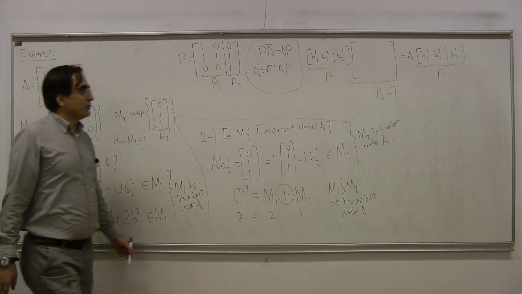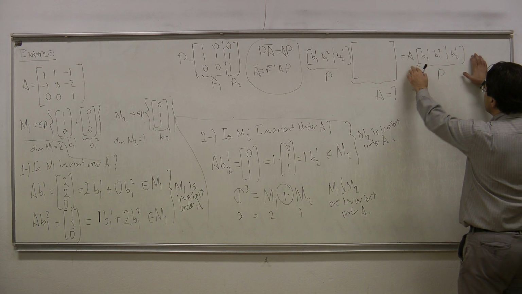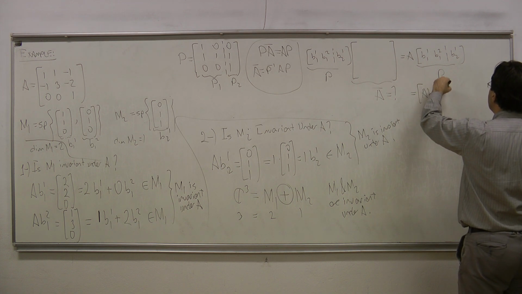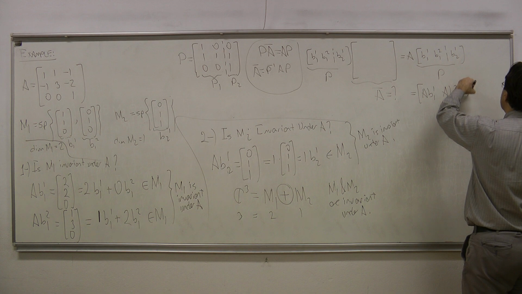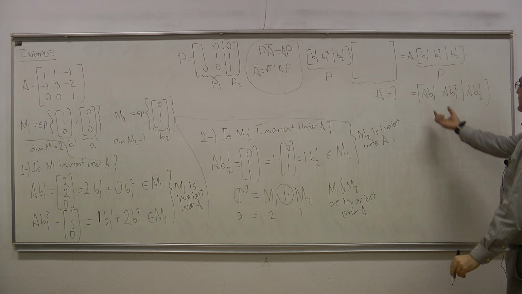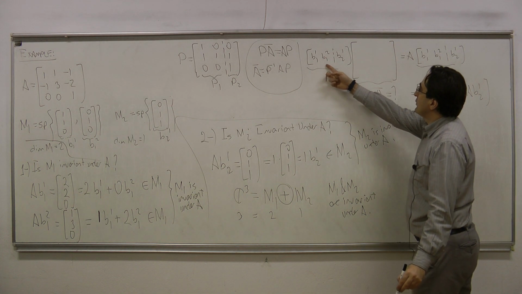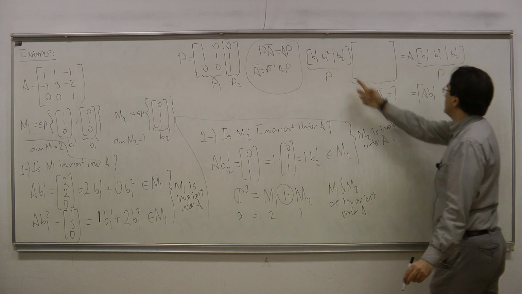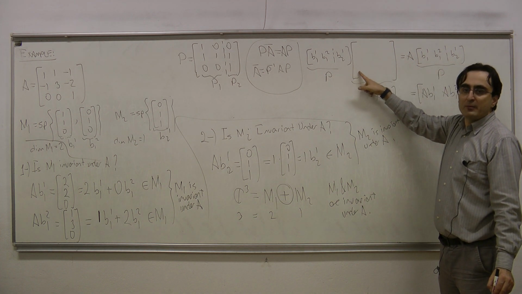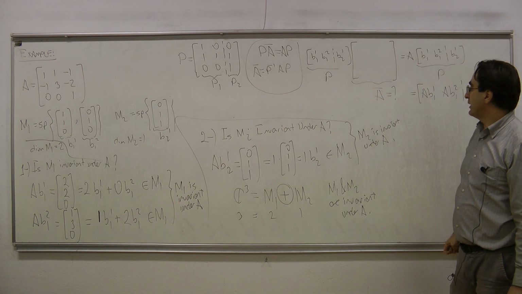In order to find that, I'm going to apply the same procedure. This right-hand side is A times B11, A times B12, A times B21. If I express A times B11 as a linear combination of these columns, then I will find the first column of A bar by using the coefficients of that linear combination.